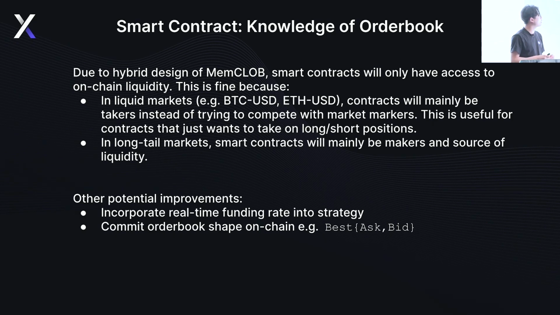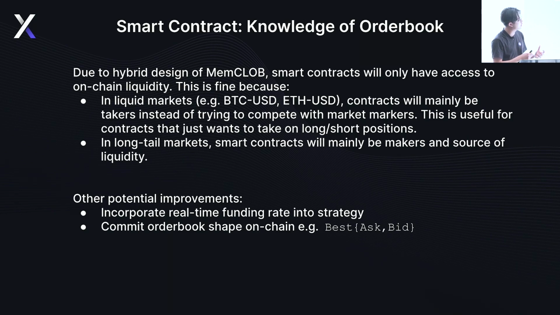The other interesting thing to discuss here is what knowledge the smart contract has of the order book, right? Due to the hybrid design of MemClob, a lot of the liquidity is actually off-chain. The smart contract cannot deterministically execute order placement against it. This is actually fine because of the goal of a smart contract that will try to get access to the dYdX order book.